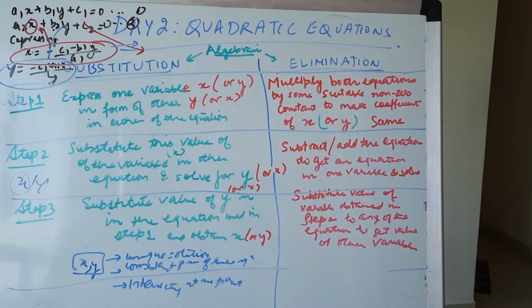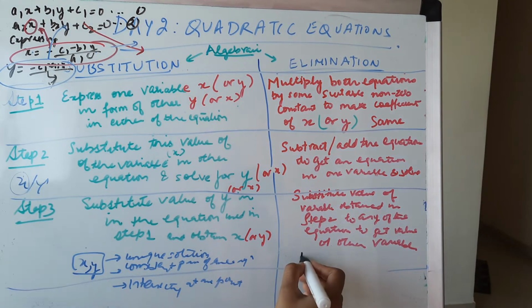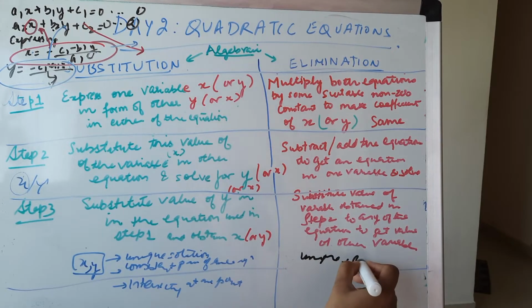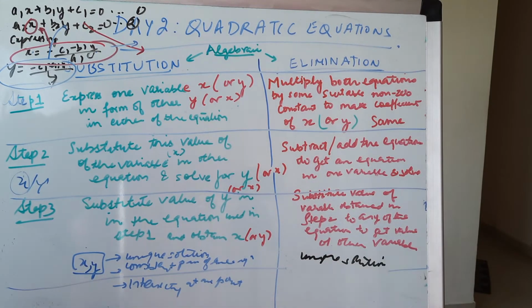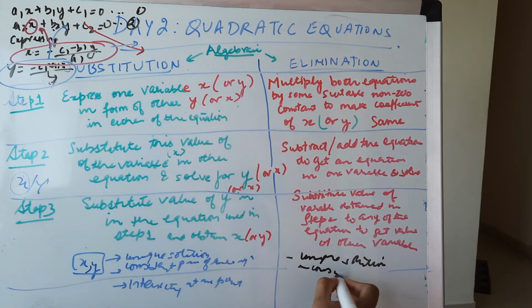So this is again a unique solution, a consistent pair of linear equations that intersect at one point.